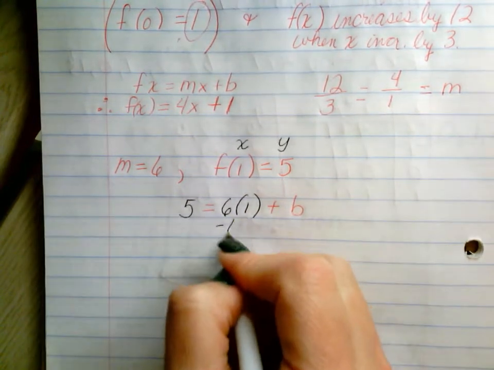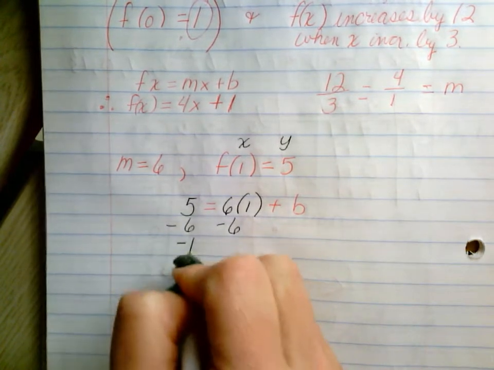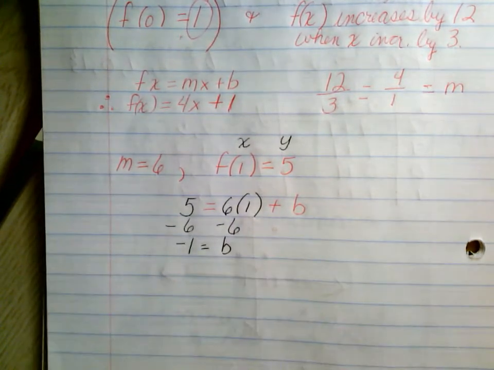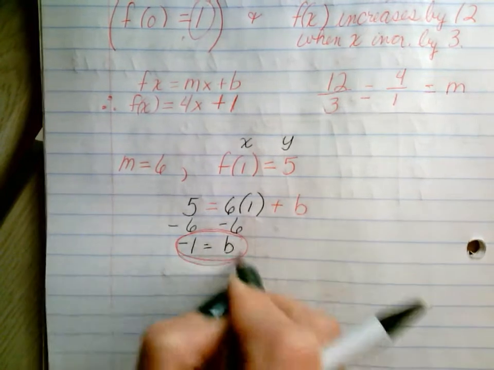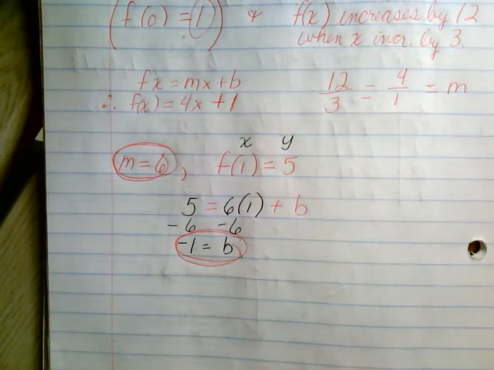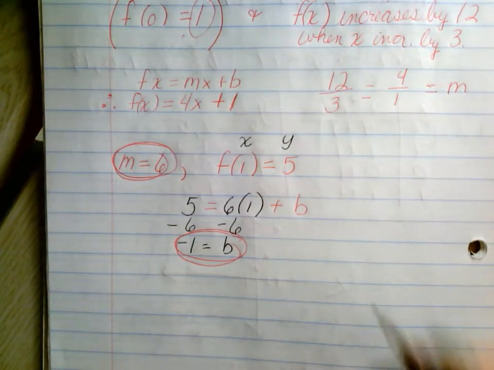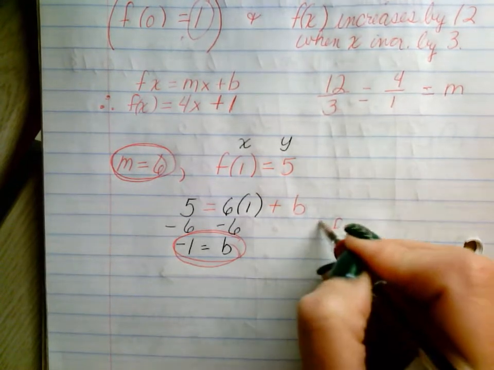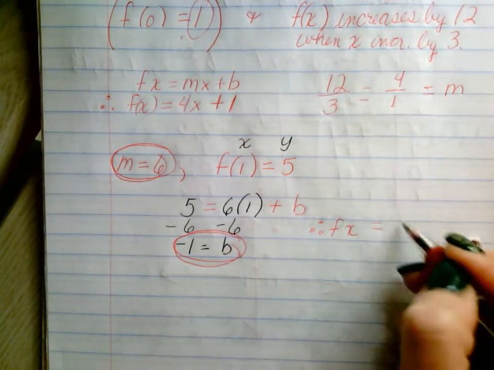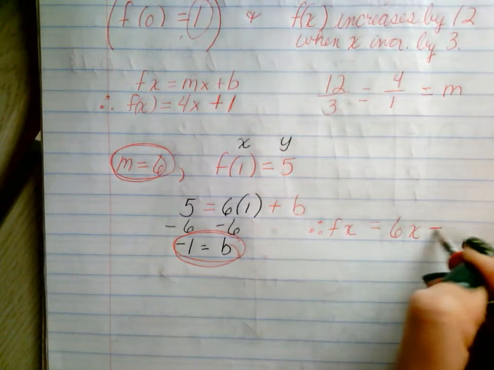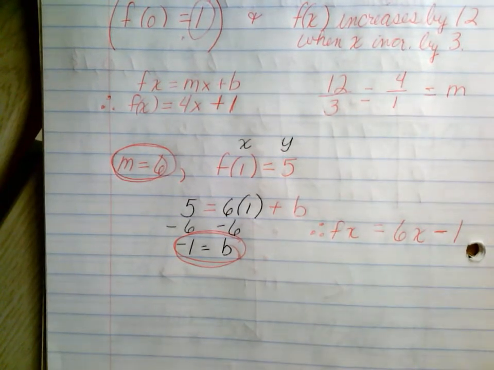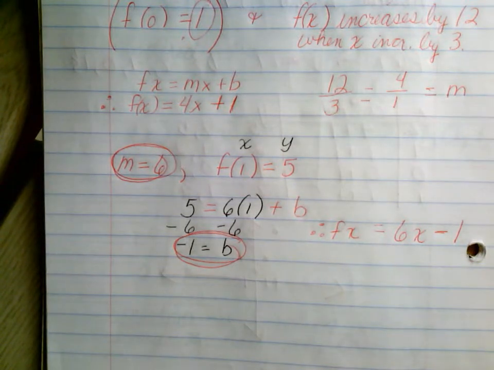If I subtract 6 times 1, which is 6, from both sides, I get a -1 for b. So now I have a b value and I have an m value. All I got to do is plug them in. F of x equals 6x minus 1, because it's a -1, okay? You don't have to write plus -1. Okay?